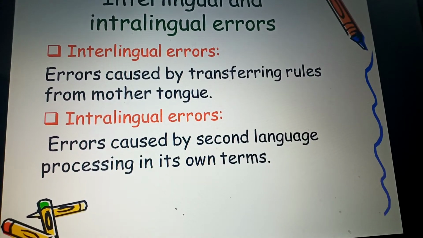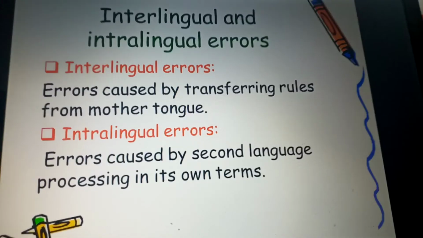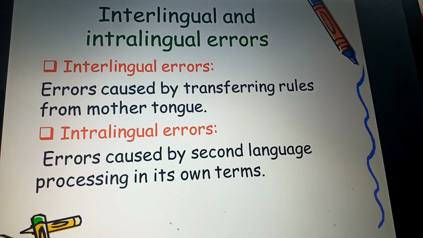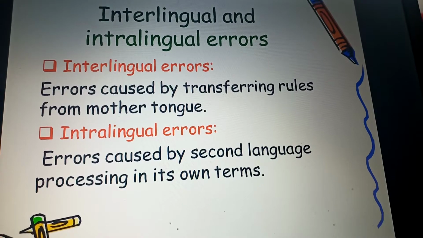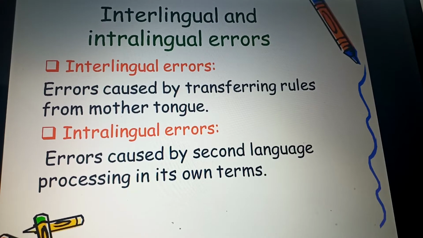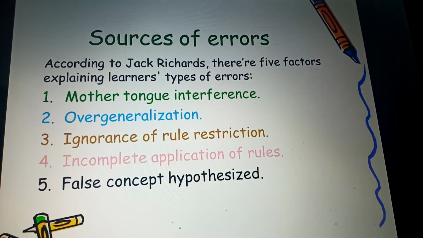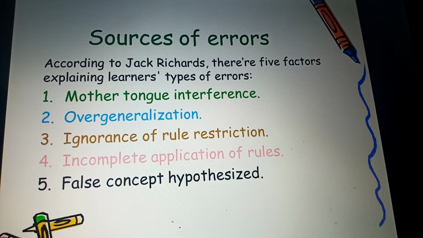Interlingual and intralingual errors. Interlingual errors: errors caused by transferring rules from the mother tongue. Intralingual errors: errors caused by second language processing in its own terms. Sources of errors.